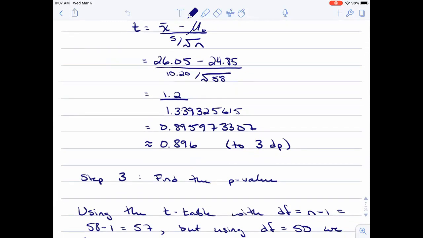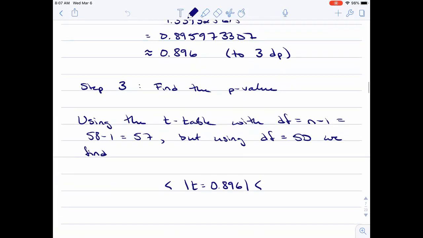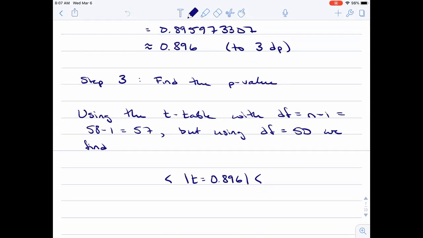We're already suspecting that we're not going to be able to reject the null hypothesis, because we can only reject it if we're far enough away from the hypothesized mean. And remember, t has to have at least 3 decimal places. It can have more, but at least 3 to be able to use the table properly. Okay. And then we started on step 3.